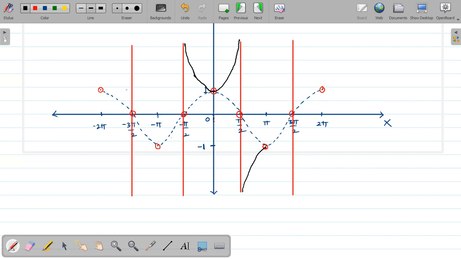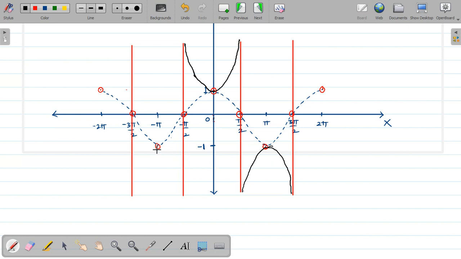And after that, from pi to 3 pi by 2, as cos function is increasing, we have to show that sec function is decreasing like this. So we get the graph here between pi by 2 to 3 pi by 2. It increases from pi by 2 to pi, and then from pi to 3 pi by 2 it decreases.